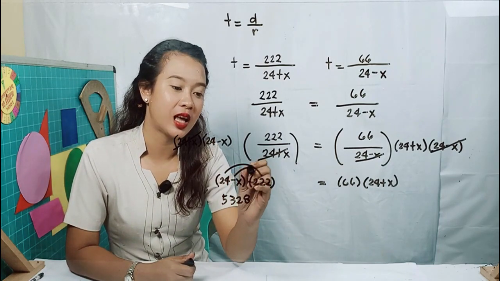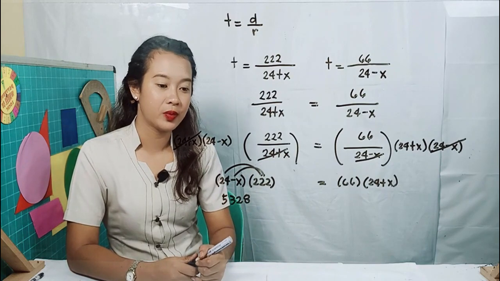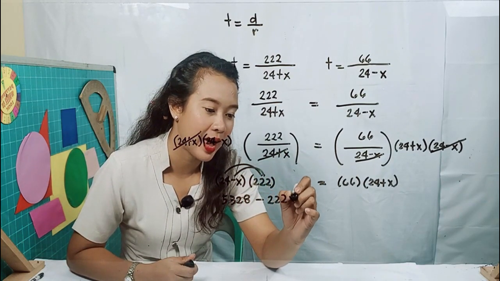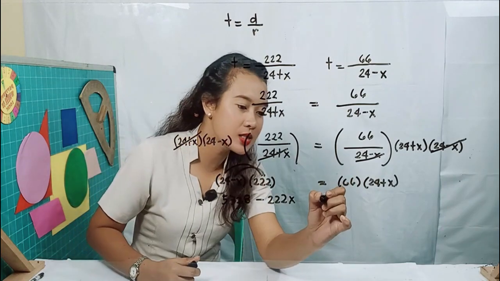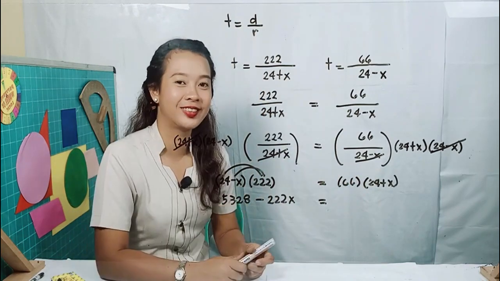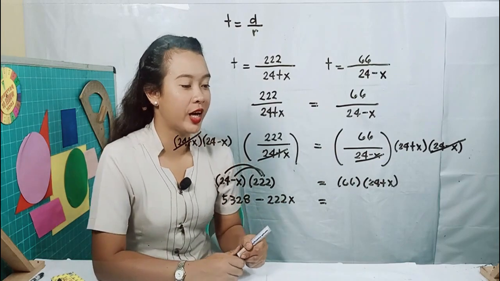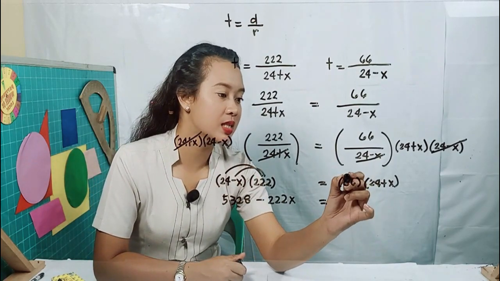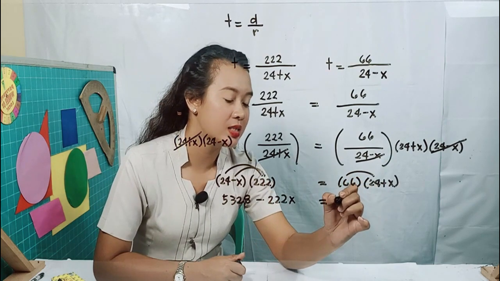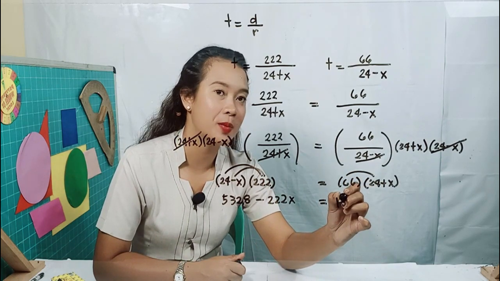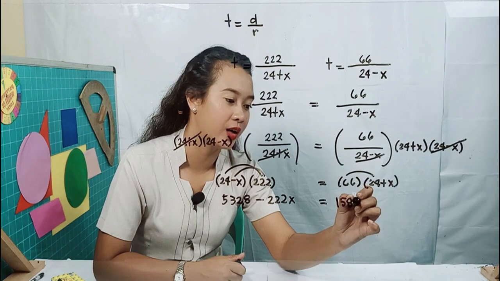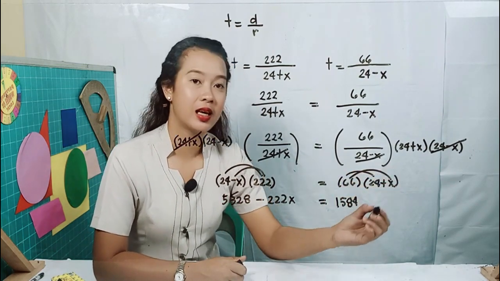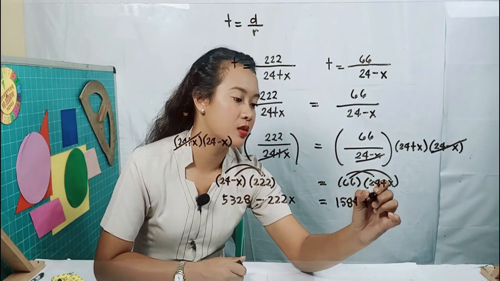Negative x times 222 is negative 222x, equals, again, apply the distributive law. 66 times 24 is 1,584. Next, 66 times x is positive 66x.